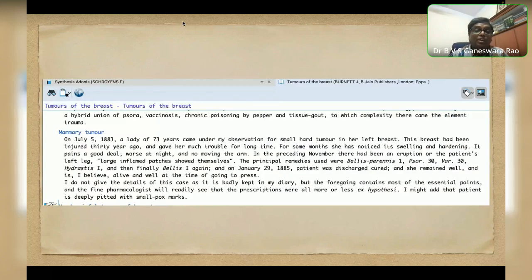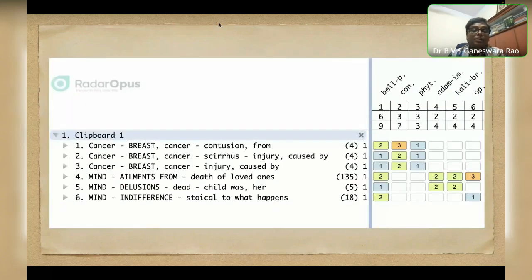Actually, that was the wrong rubric. So it was wrongly taken, but the rubric to be considered is serious injury, caused by. That is the rubric to be taken. And thank you for correcting. Okay, thank you, sir.